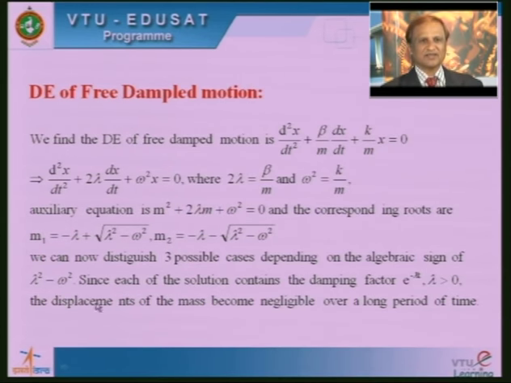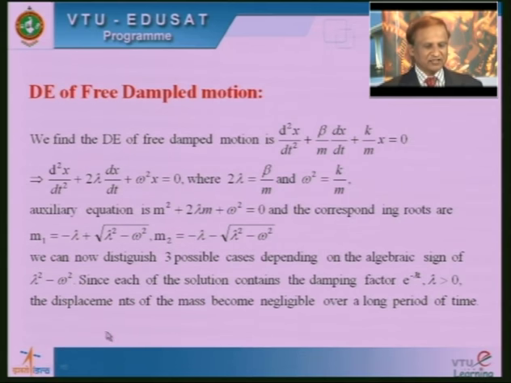So, we have already discussed all these cases. Now, since each of the solutions contains a damping factor, e to the power minus lambda t is a very important factor in the solution. We call it a damping factor when lambda is greater than 0.